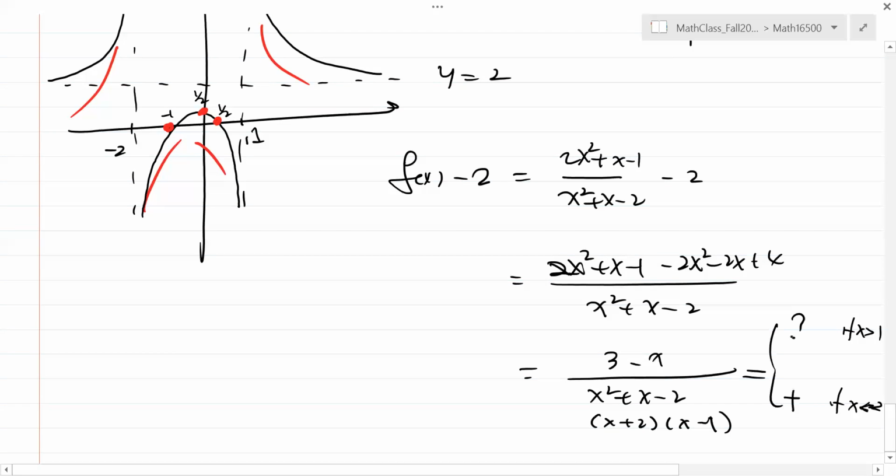But there's still a question. It's not necessarily always positive or always negative, because when x equals 3, it's going to be 0. So there's an additional point here, 1, 2, 3. Okay, somewhere here.